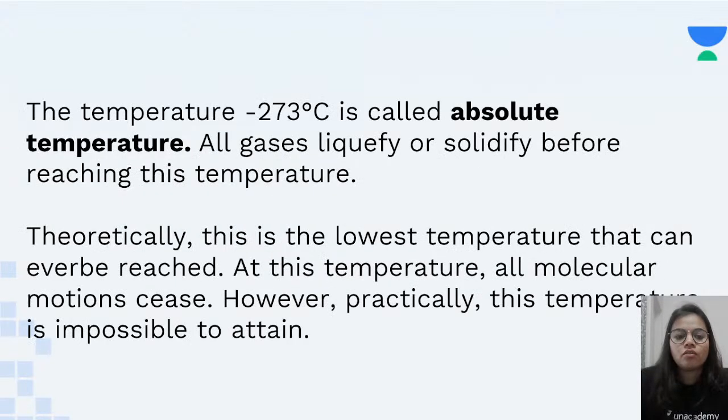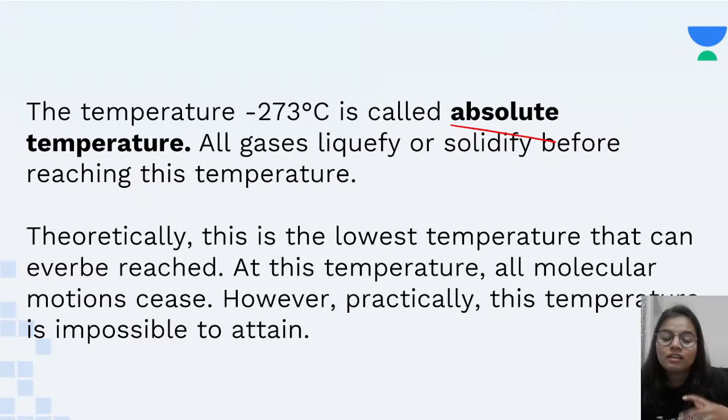Therefore this temperature, minus 273 degrees Celsius, is known as absolute temperature. Now all the gases either liquefy or solidify before reaching this temperature. Practically, this temperature is impossible to attain.